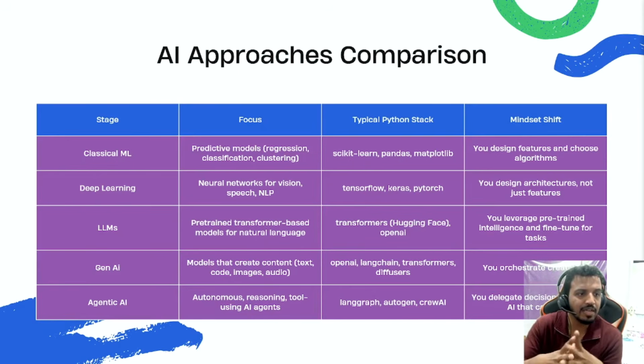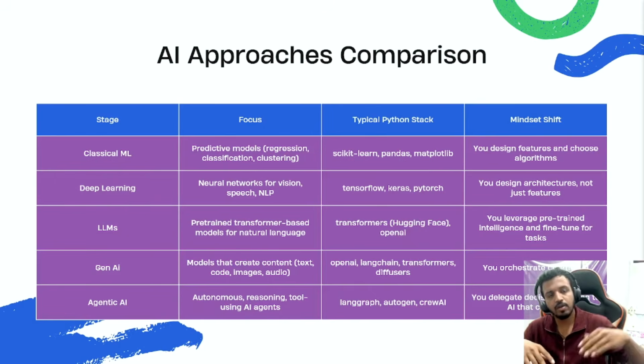If we see classical modeling, we have done predictive modeling, classifications, clustering, regressions. In regression itself we have so many algorithms, in clustering so many, similarly for classification. When we go for these kinds of models, we are simply designing the features and choosing the algorithms.